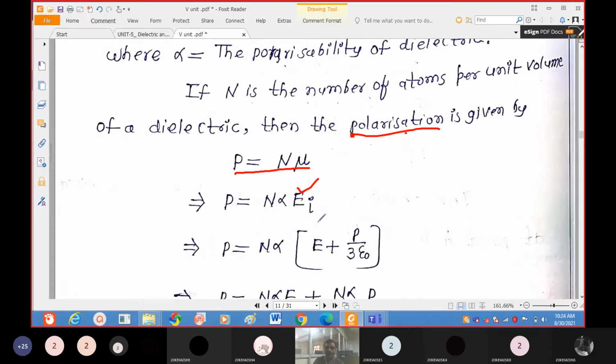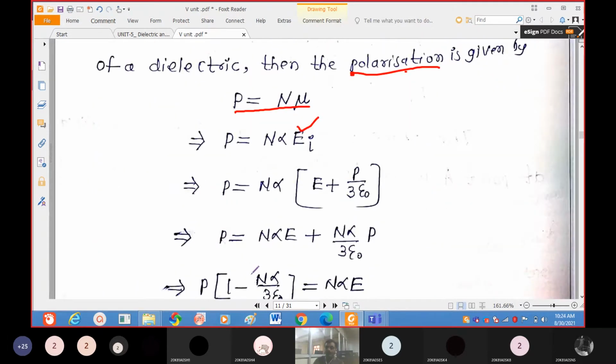We substitute the local field here. Now P equals N alpha into E plus P by 3 epsilon naught. Multiplying N alpha inside, we get N alpha E plus N alpha by 3 epsilon naught into P.